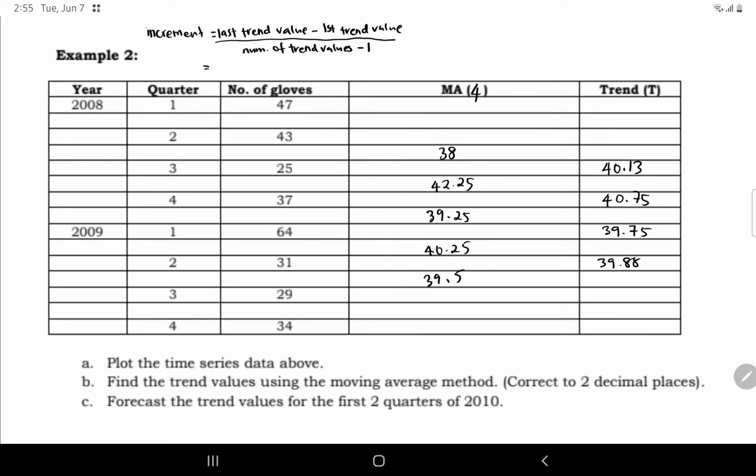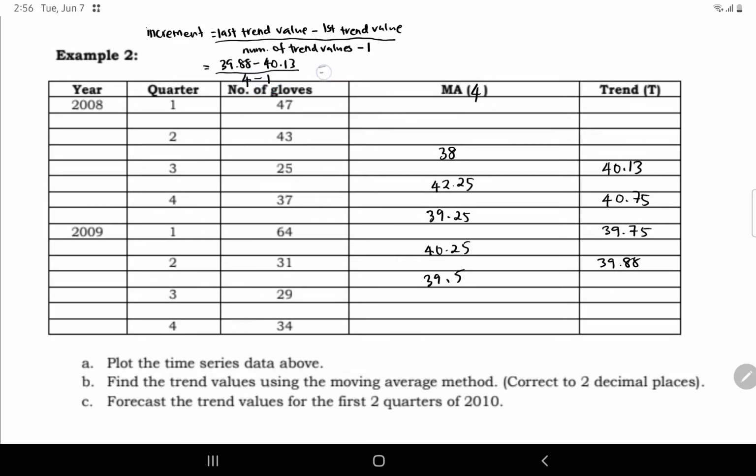So based on this data, our last trend value is here, which is 39.88, and this is our first trend value. So 39.88 minus 40.13 divide by number of trend value. Okay, we need to calculate ni lah. Okay, ada 1, 2, 3, 4. So number of trend value 4.